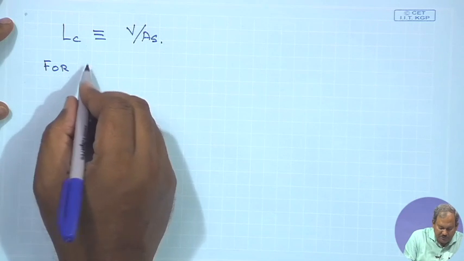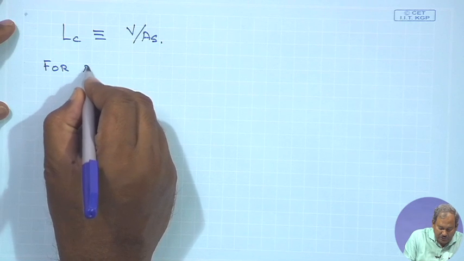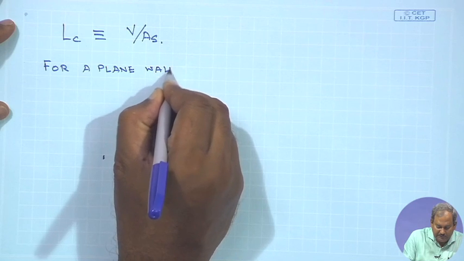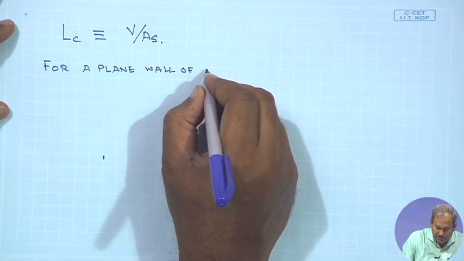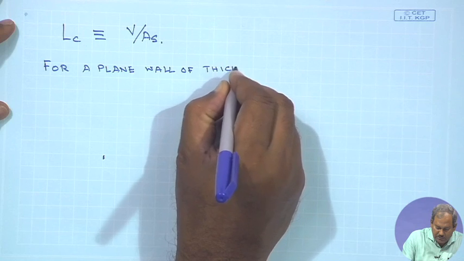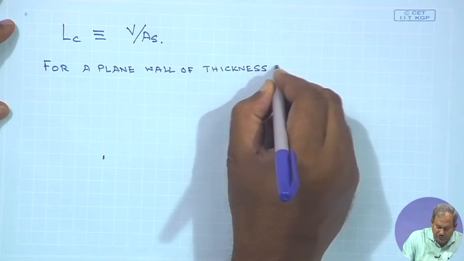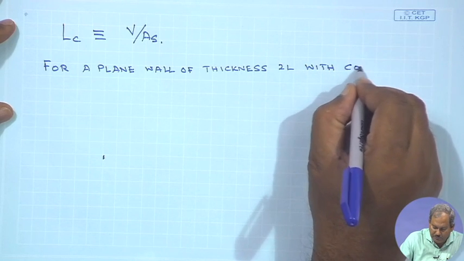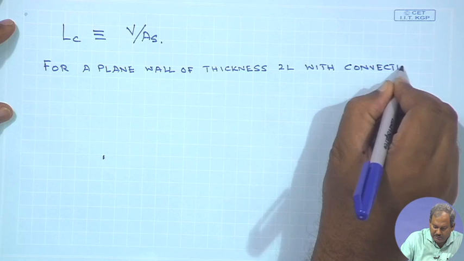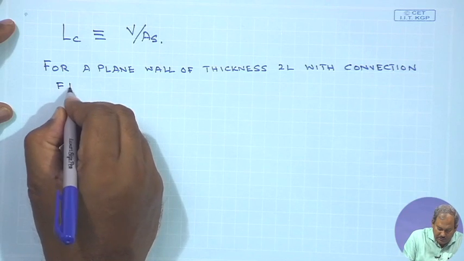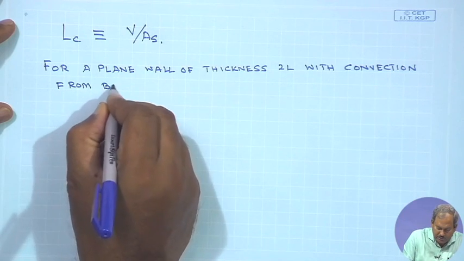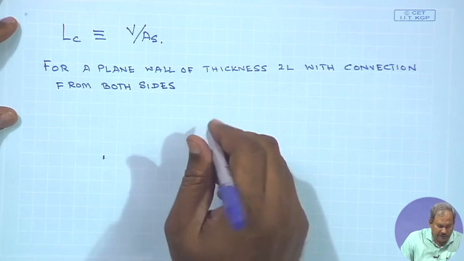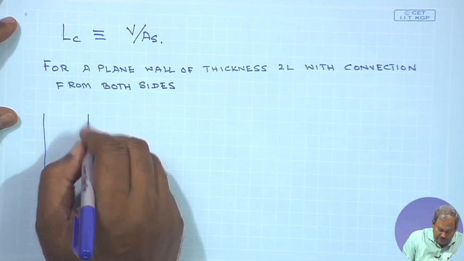Therefore, a simple geometry would tell you that for a plane wall of thickness 2L, with convection from both sides, the figure that I have drawn initially, you have a system like this.